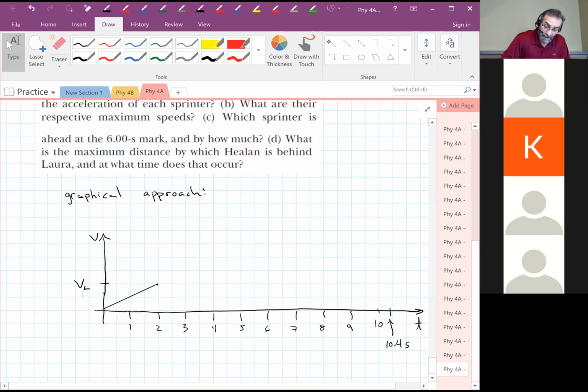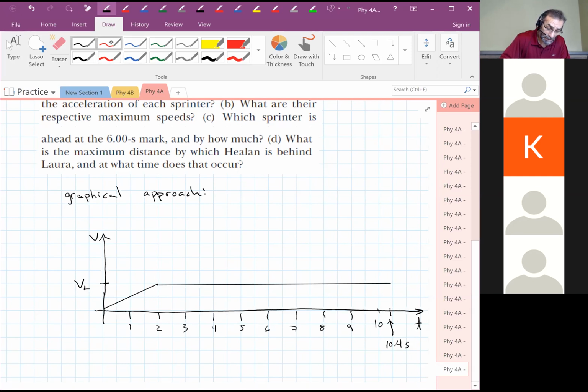And then they stay at their maximum speed for the rest of the race, ending there, right? So the second person takes 3 seconds to get to her maximum speed.